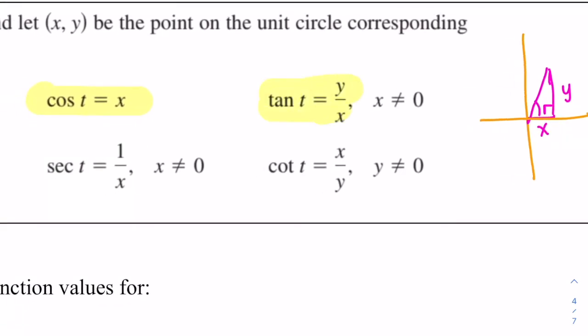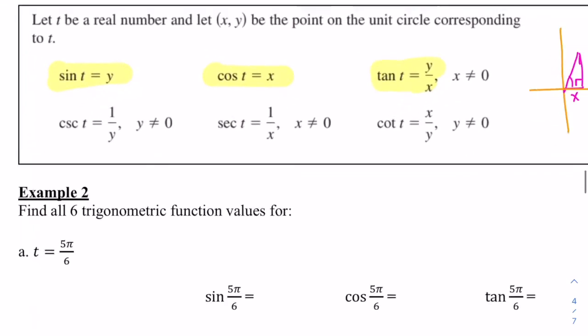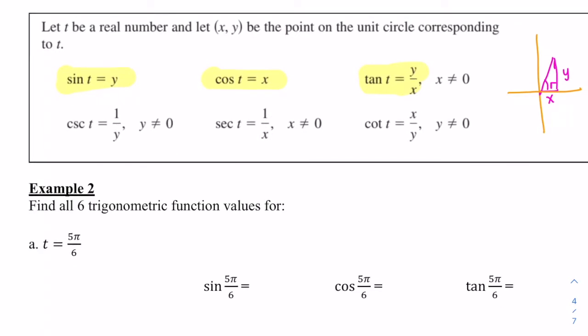Now when we look at the reciprocal functions, well, we just have to find the reciprocal of each of these. So cosecant of t can be represented with 1 over y. The secant can be represented with 1 over x. And the cotangent can be represented with x over y.